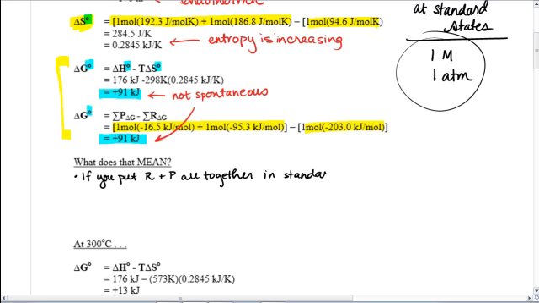In other words, I put some solid ammonium chloride, 1 atmosphere worth of hydrogen chloride gas, and 1 atmosphere worth of ammonia, all in the same container, at 25 degrees, because that's our temperature of interest right now. The fact that it's non-spontaneous actually means that the reverse reaction is going to be favored to equilibrium.